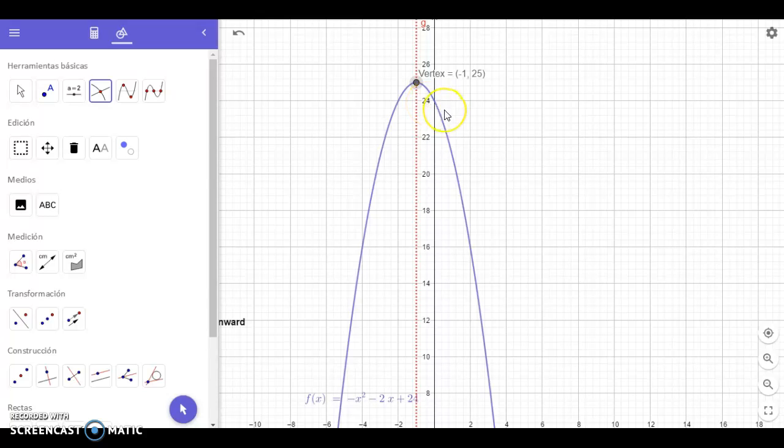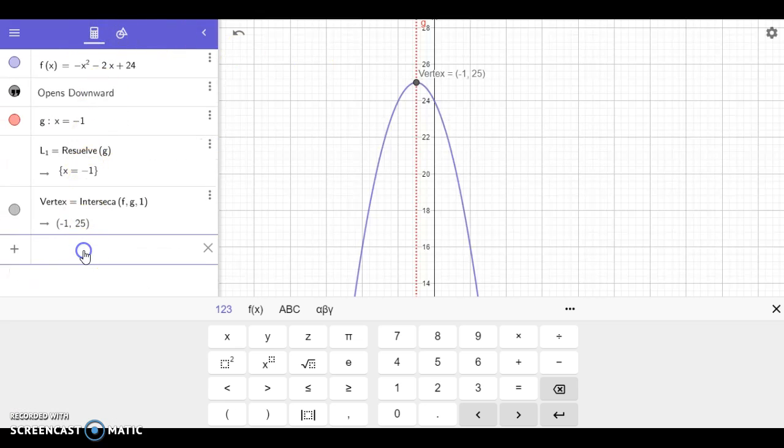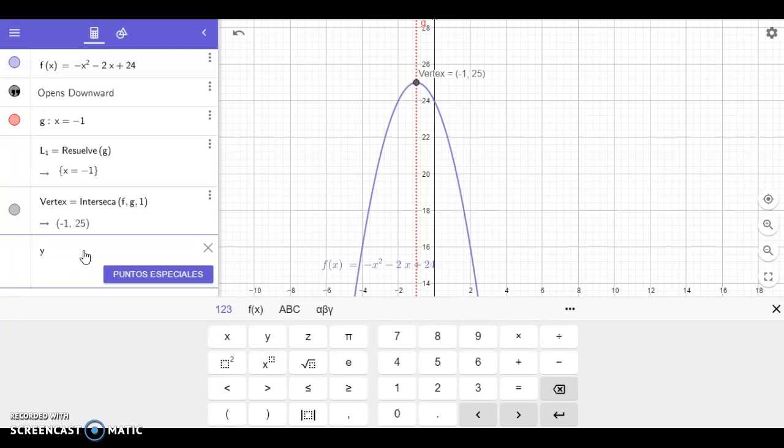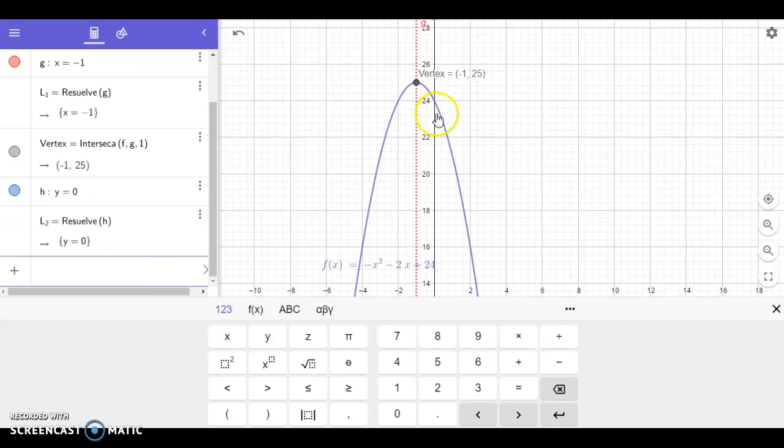Now we're going to our y-intercept. Okay, so here it's the same as the vertex. First we need a line in order to cross the parabola. So we're gonna type y is equal to 0 and x is equal to 0.